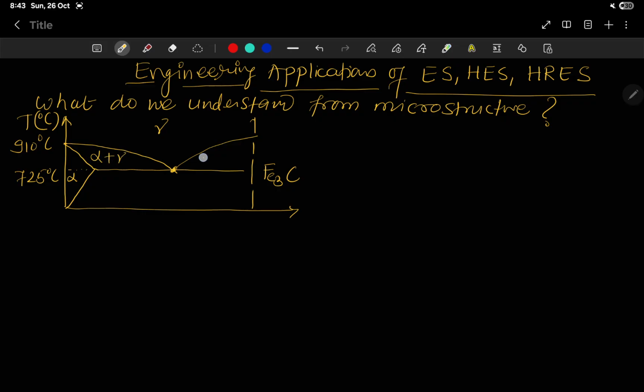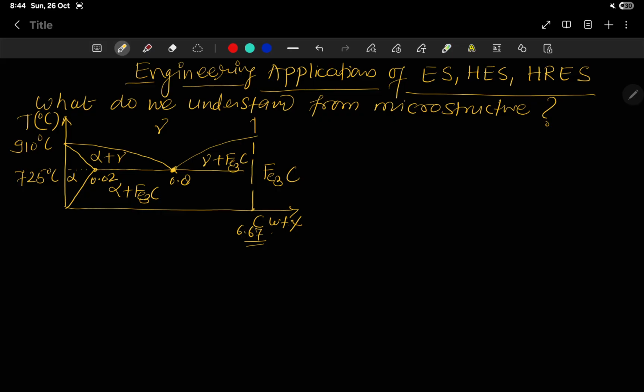Alpha plus gamma, here gamma plus Fe3C, here alpha plus Fe3C, and on the x-axis we have carbon weight percent. This point maximum was 6.67 weight percent of carbon. This is 0.8 weight percent, and this point is 0.02 weight percent of carbon.